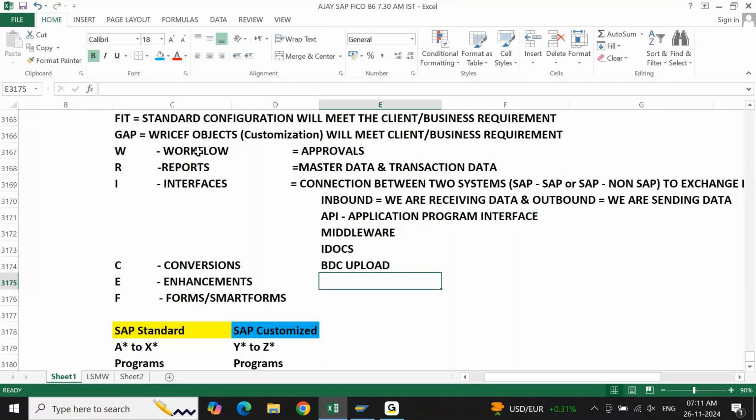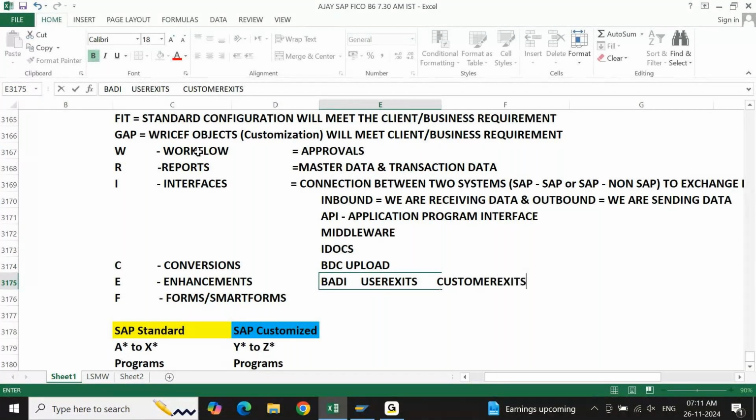No. Anybody heard these kind of points before? BAdI, user exit, I saw in LSMW, this one. Yes, sir.